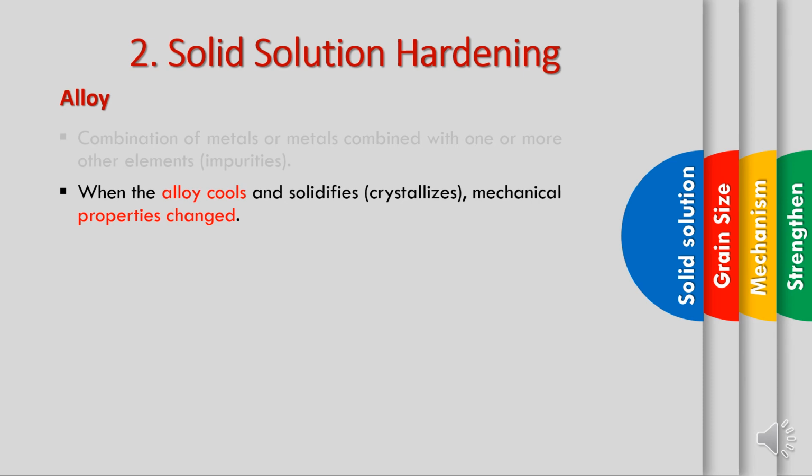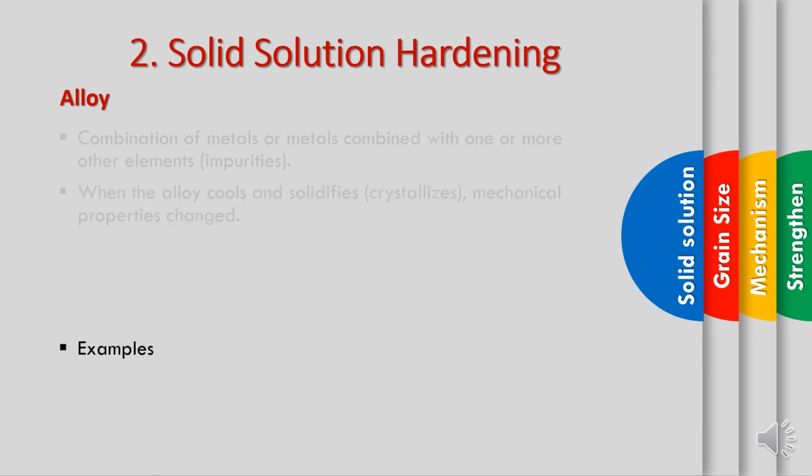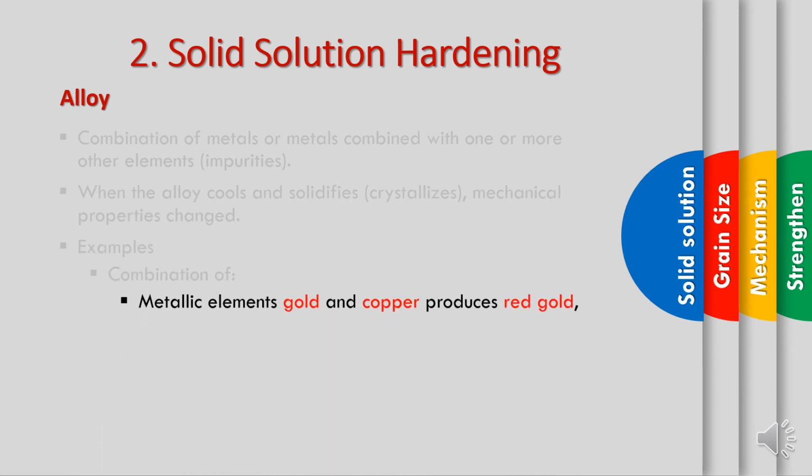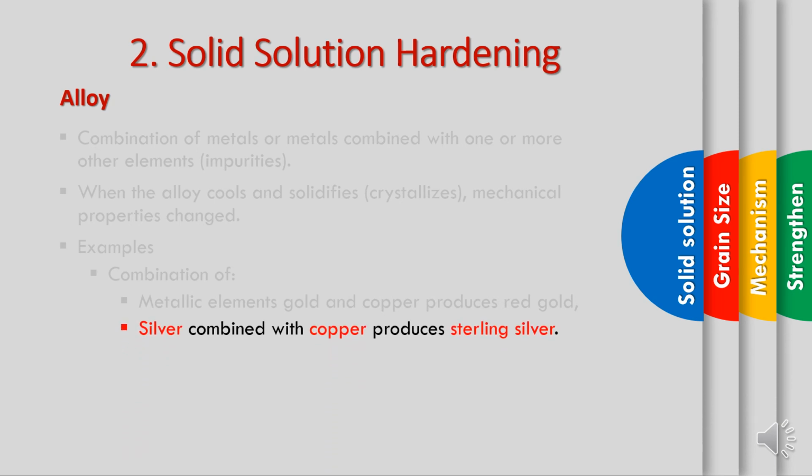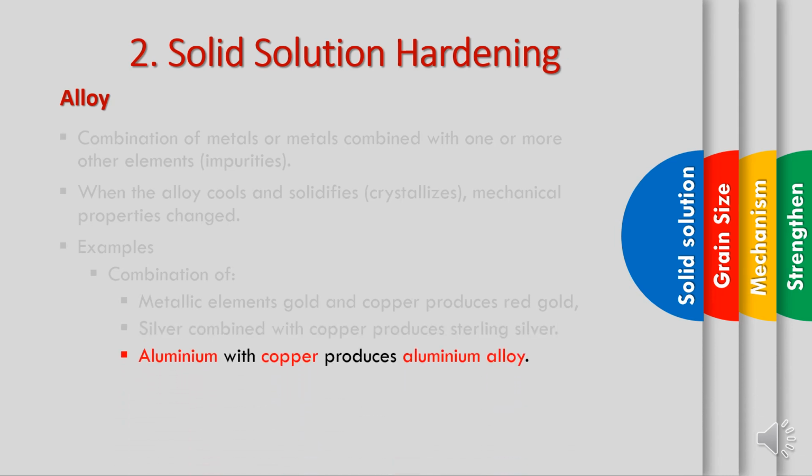When the alloy cools and solidifies or crystallizes, mechanical properties change. For example, the combination of the metal elements gold and copper produces red gold. Silver with copper will produce sterling silver. Aluminium with copper will produce aluminium alloy.